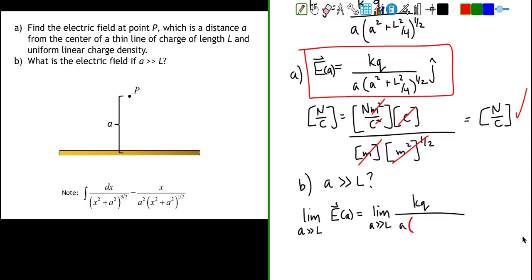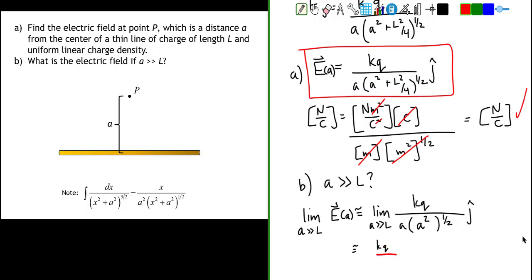If A is much, much bigger than L, in the square root, L is going to be negligible. Since L is negligible, we don't have to consider it in the square root.